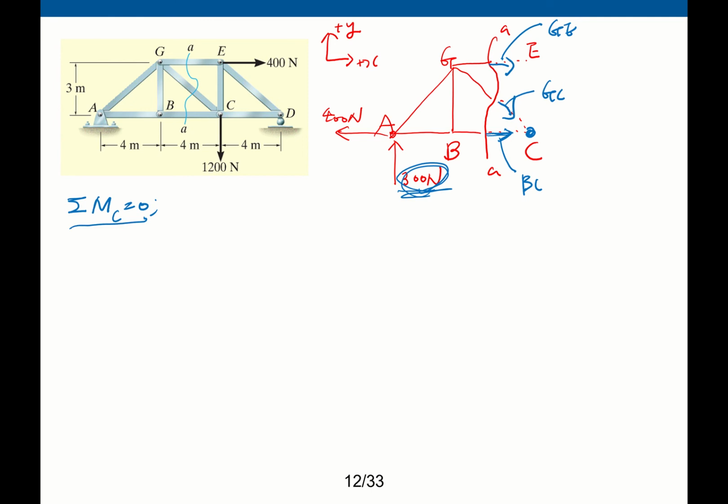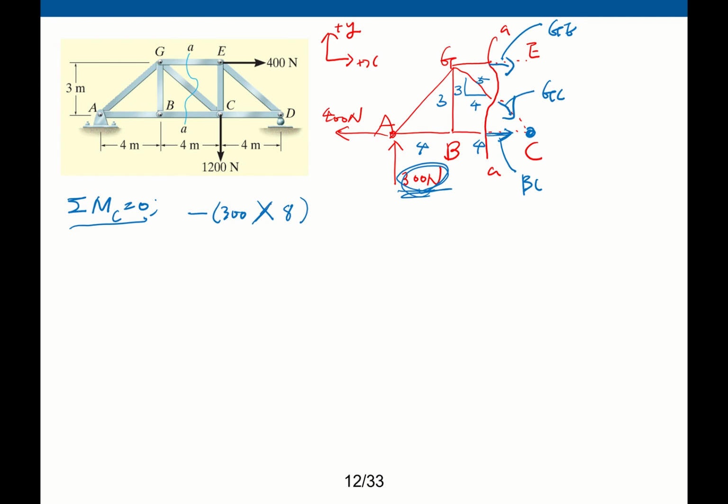That means we have two forces acting at point C. The 300 Newton creates the clockwise rotation, so that is minus 300 Newton times the distance of 8 meters. This is 4 meters, this is 4 meters, and the vertical distance is 3 meters. Remember, this is a 3-4-5 triangle, so the diagonal should be 5.